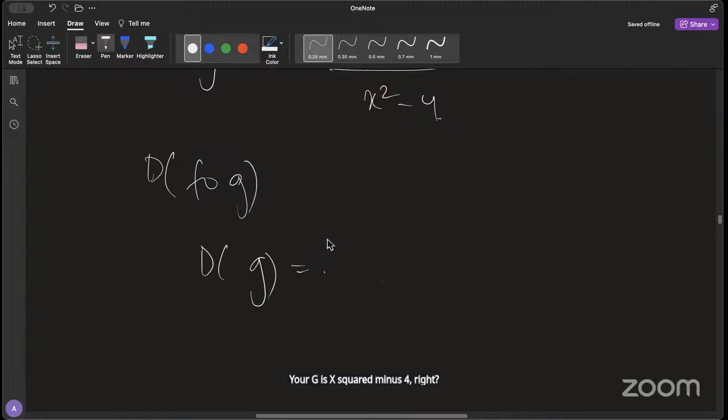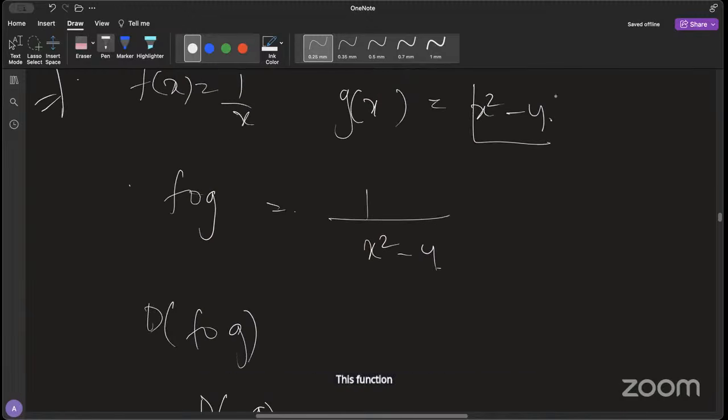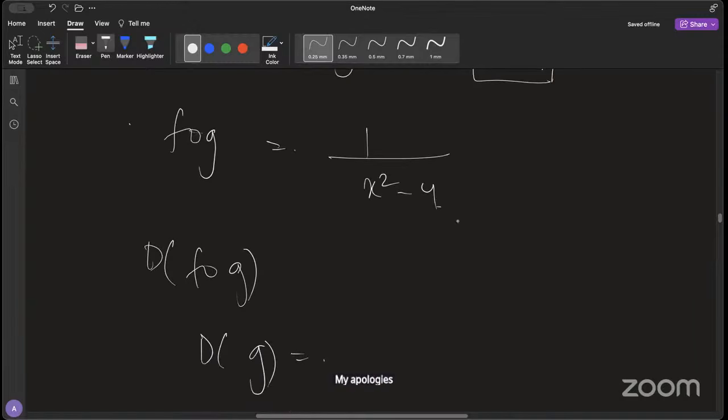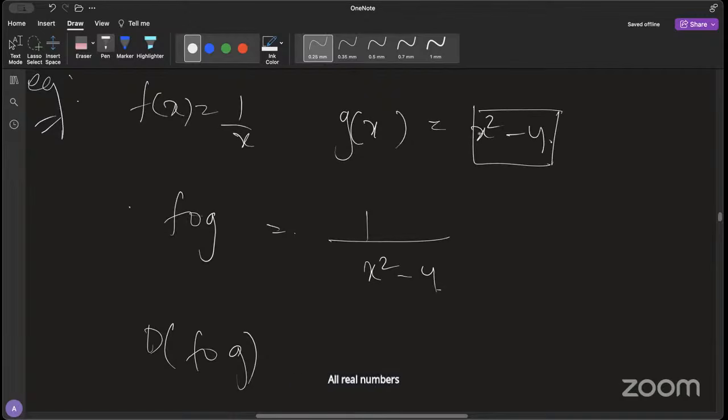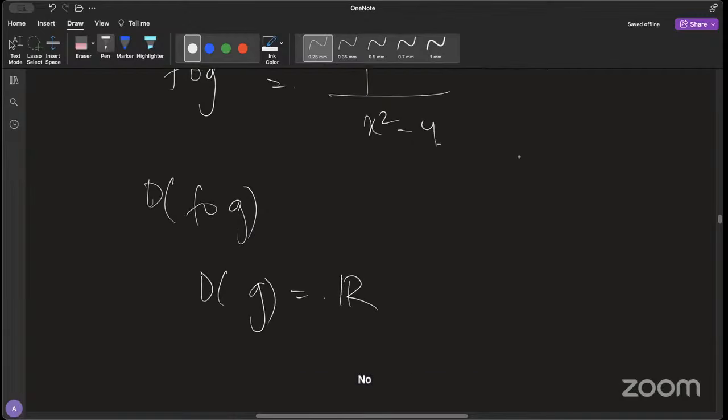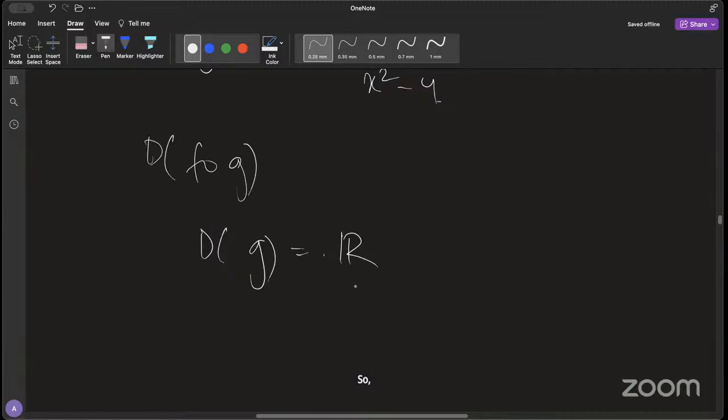So what's the domain for x square minus 4? This function. It's the entire real line, right? All real numbers. You can put any real number here. No problem. So the domain of g is R.